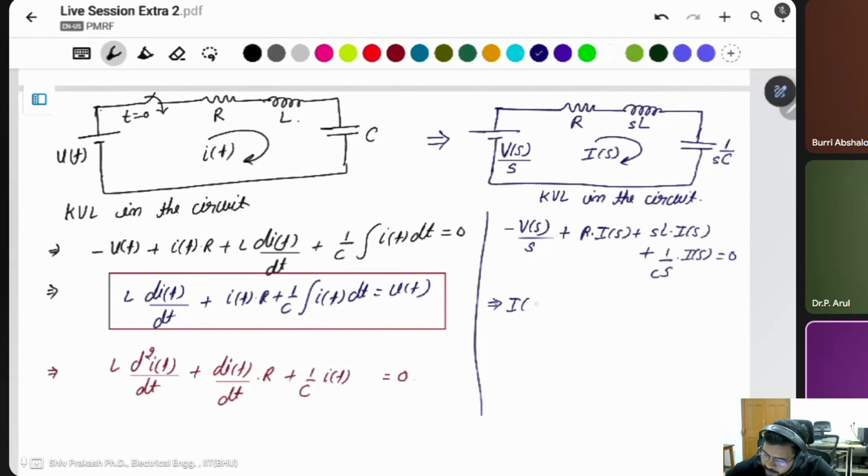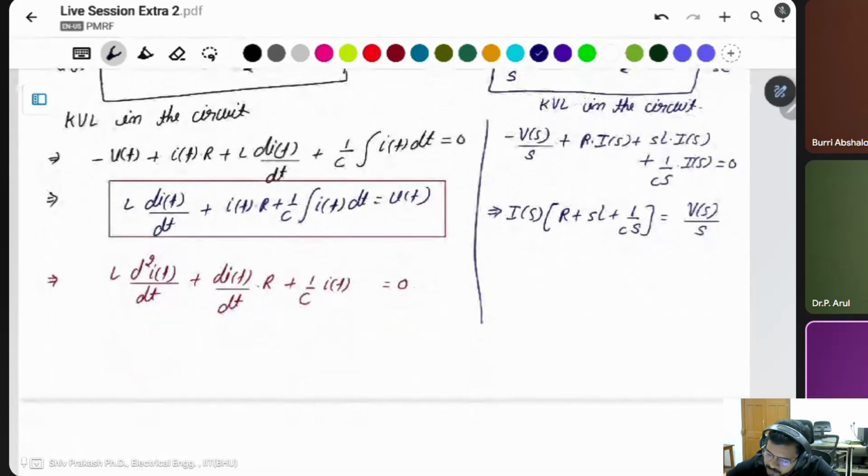You can take I(s) common. This will be R plus sL plus 1 by Cs, is equal to V(s) by s. In this case, I(s) is equal to V(s) by s divided by R plus sL plus 1 by Cs.